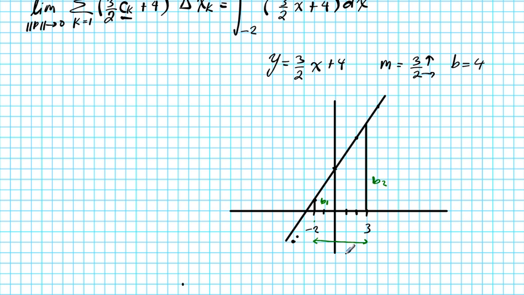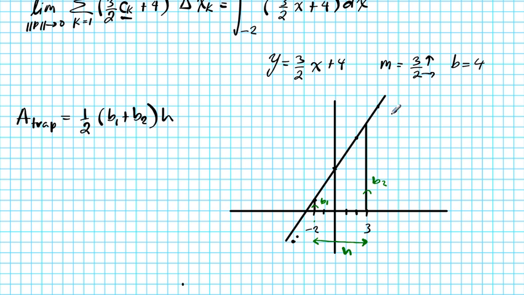So the area of a trapezoid is half the sum of the parallel sides times the height. This side is parallel to this side, so the area of a trapezoid is 1/2 times B1 plus B2 times the height. Okay?